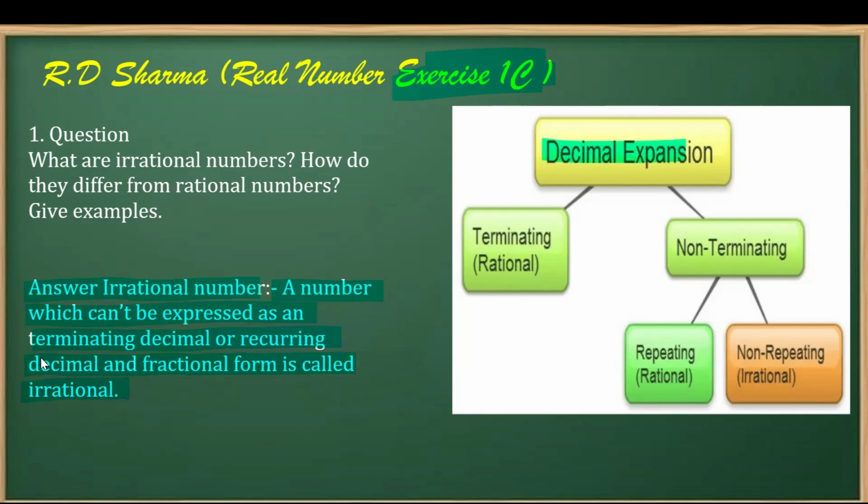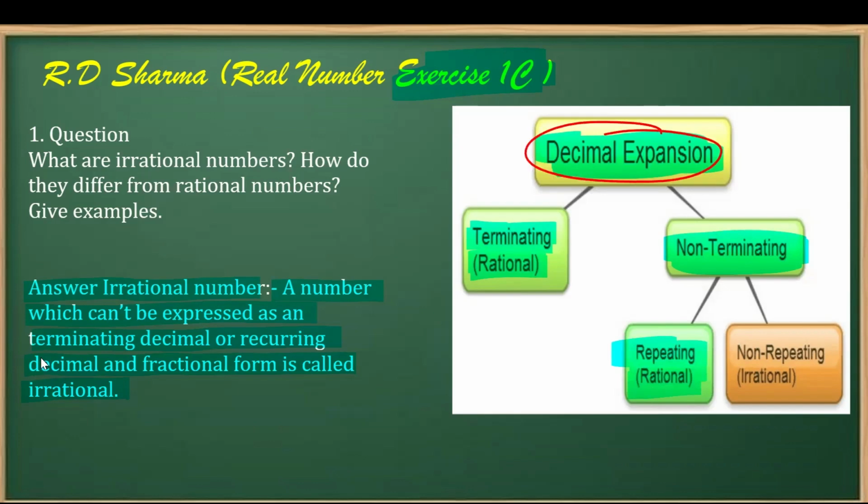Let's see, this flow chart will help you understand. The decimal expansion of a number, if terminating, then it is a rational number. If non-terminating but repeating, still it is a rational number. So what are irrational numbers?